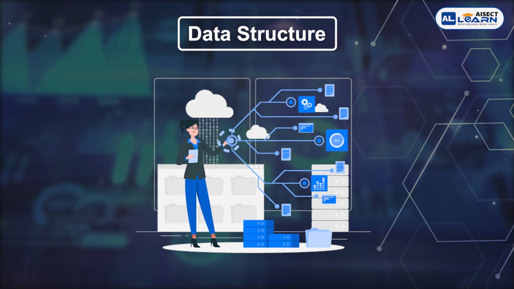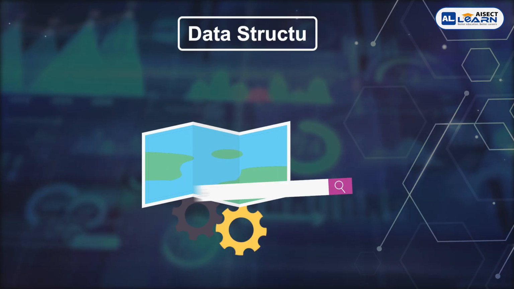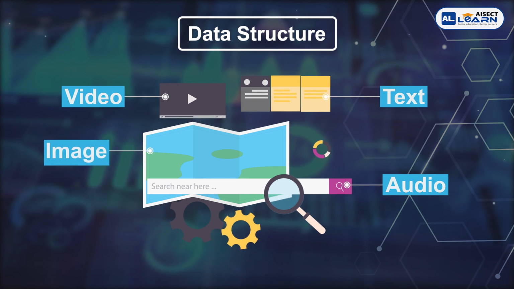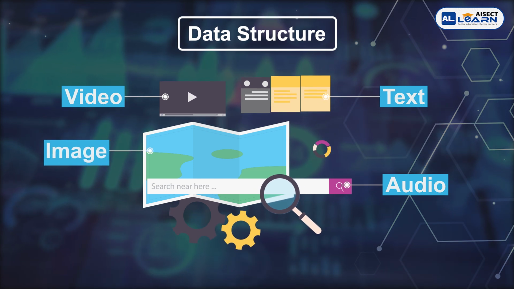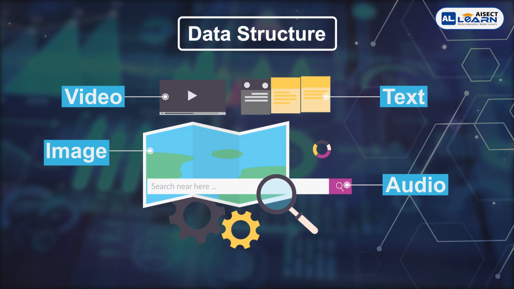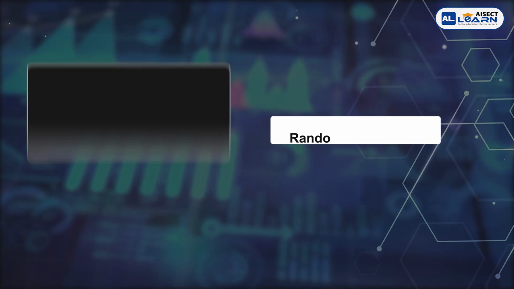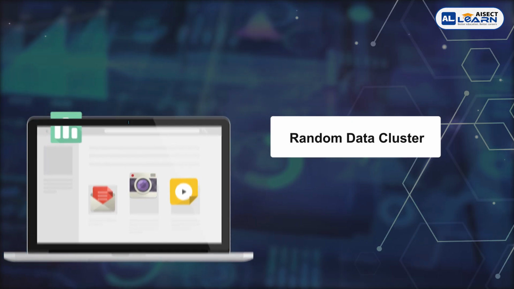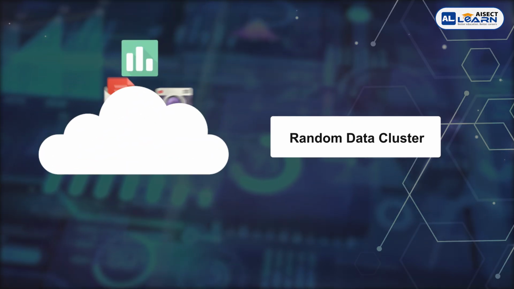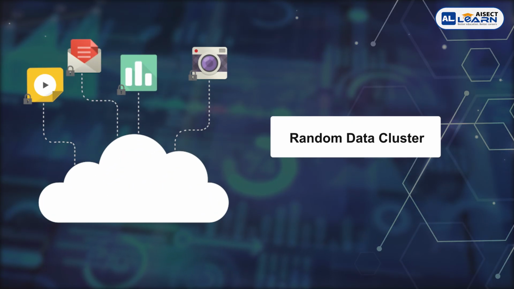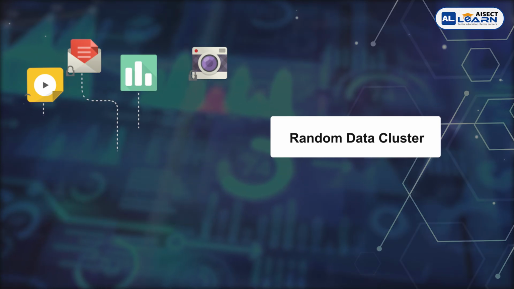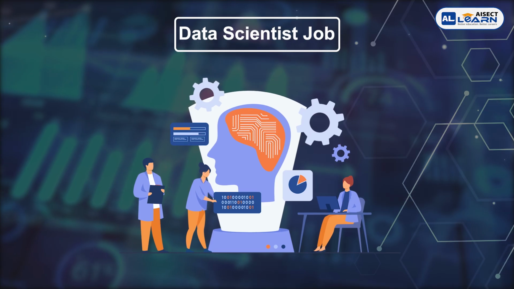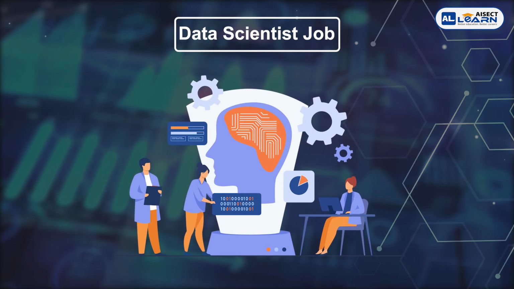Nowadays, data is in different formats: structured, unstructured, video, audio, text. So many formats are available, and big data came, meaning variety and velocity of data. If data scientists can make the random data clusters useful, then value can be derived from that data. So it is a good one, and that is why this is the hottest, trending, and sexiest job in the 21st century.